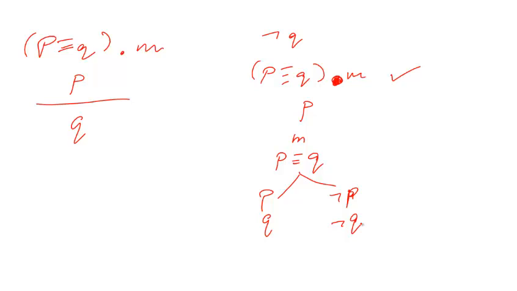Let's take a look at our first open path now. So we've resolved all the compound formulas into their simplest components. Let's take a look at the paths one at a time. So in this path, we've got Q, P, P biconditional Q, M, P, and do we have a contradiction?